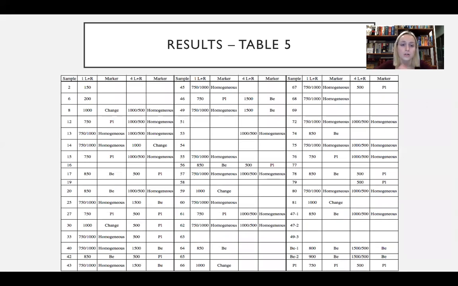So looking at scaffold 1 first, which is that 1 LNR, there are 3 major band sizes that we're seeing, and they are 750, 1000, and 850. And basically what that's going to tell us is, on the 11th chromosome, what type of genetic information we're seeing. 850 means that it is just inherited genetic information from the Bethune parent. 750 is telling us that it's inherited genetic information from the PL parent.